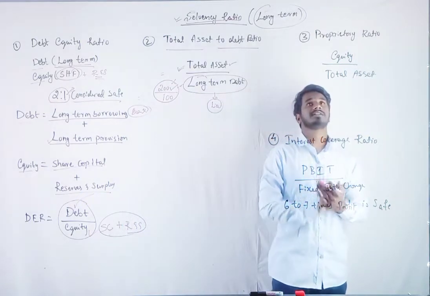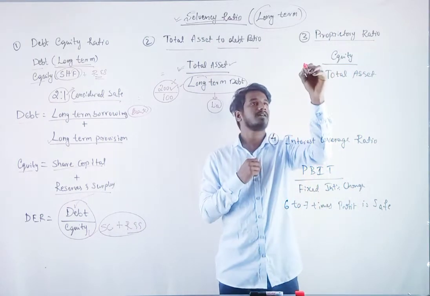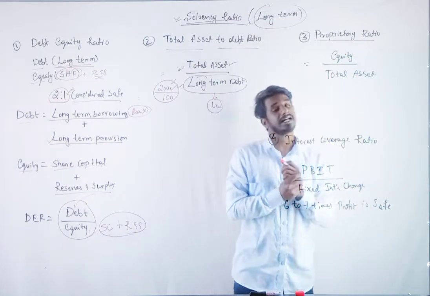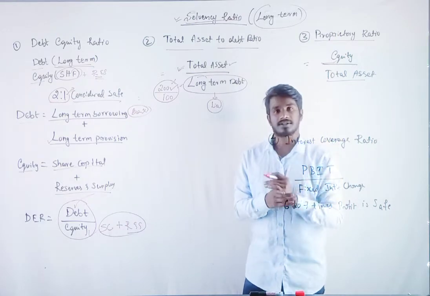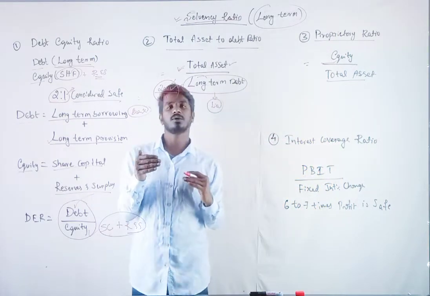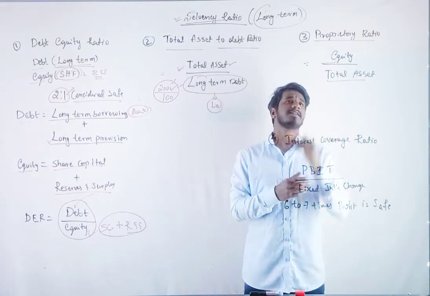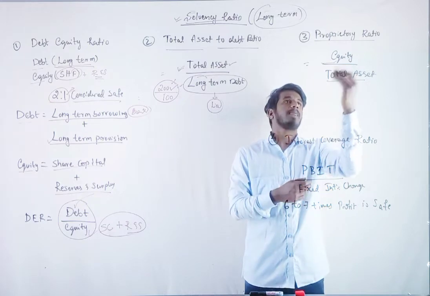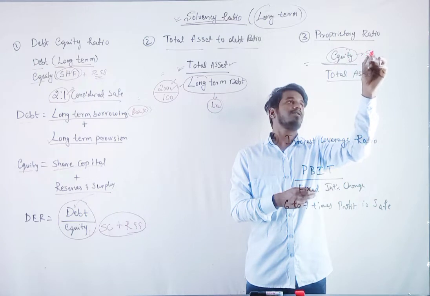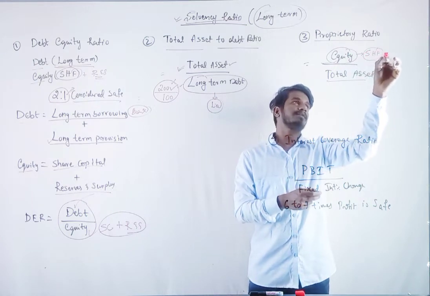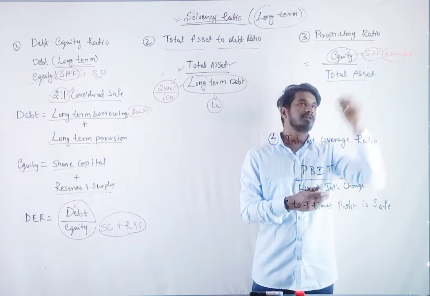And the third one, proprietary ratio. What does it mean? Let's see the formula and understand it. Equity divided by total assets. This formula means equity, whatever the shareholders fund is, the owners fund.